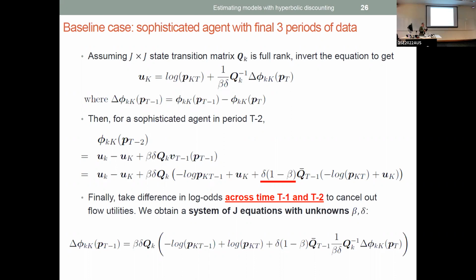So instead of your earlier question, instead of having 2 equations with 2 unknowns, you now have big J equations with 2 unknowns, and big J is the number of elements in the state space X.